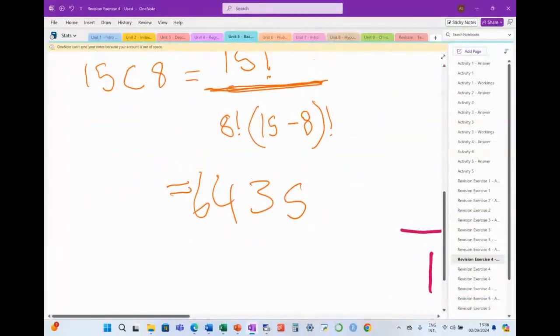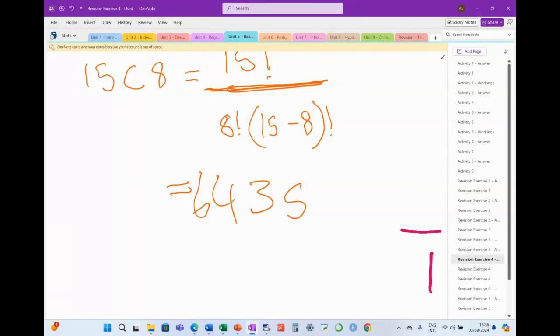We've got permutations for the first one that we did, then we got combinations for the last 2. Permutations, we are concerned about the order, right? Whereas with combination, we're just saying, what are the different ways?